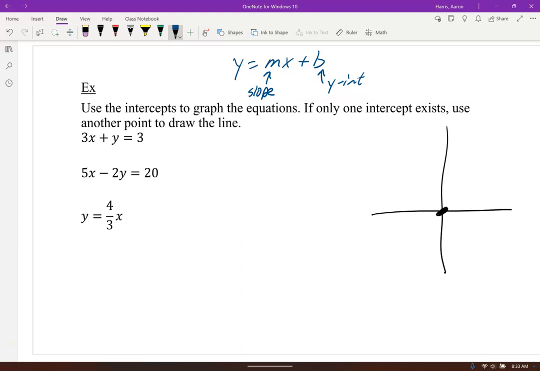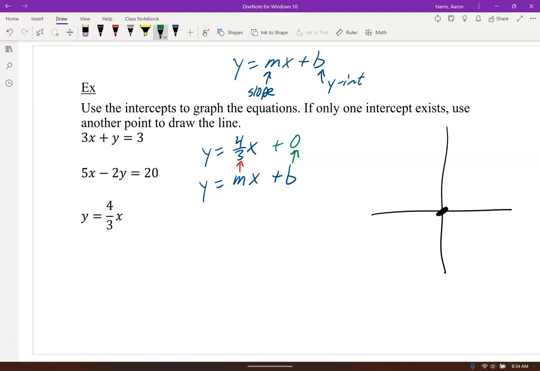They call it the b for some reason. In this case we have y equals 4/3 x. Notice my slope here is 4/3, and my y-intercept is 0.